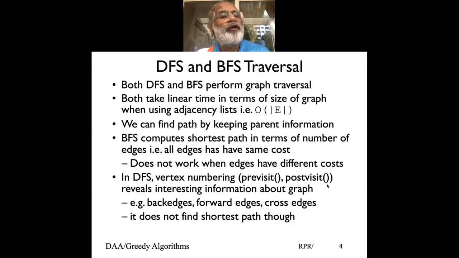For edge UV, the pre-visit and post-visit interval of node U contains the interval of node V if it is a forward edge or a tree edge. If it is a cross edge, they don't overlap. For a backward edge it is vice versa: node V contains the interval of node U.